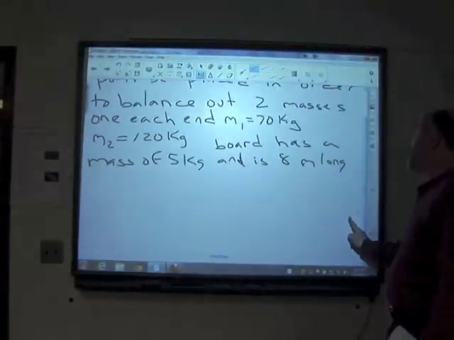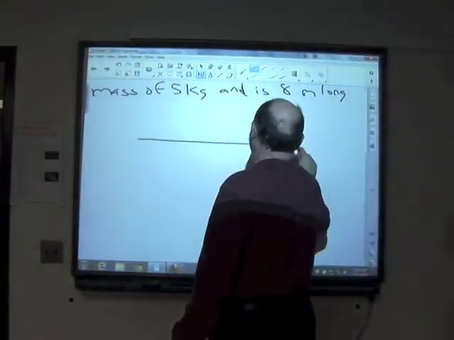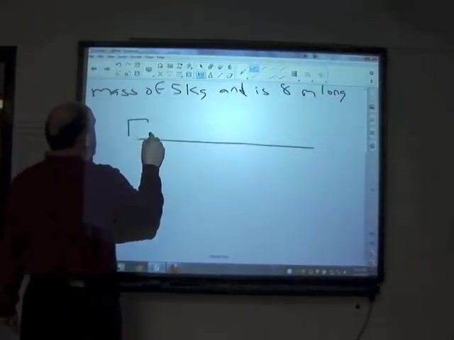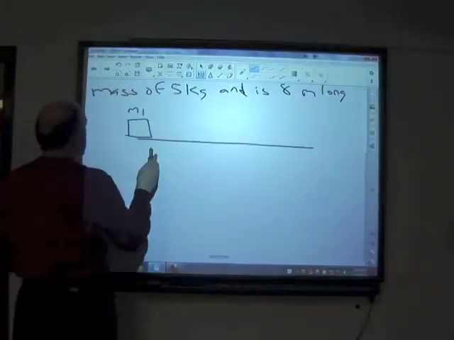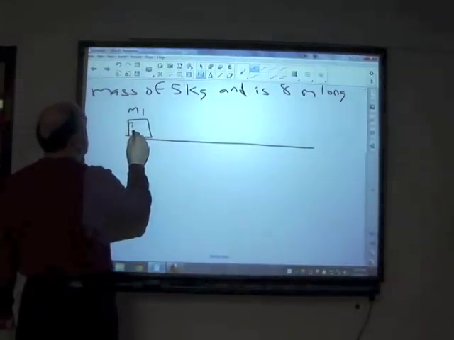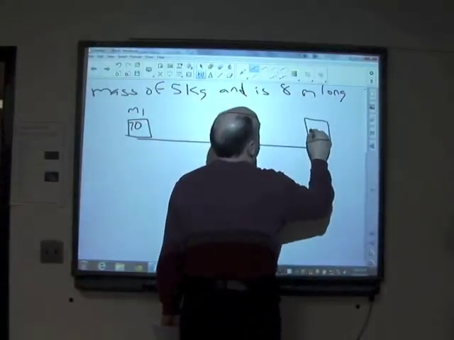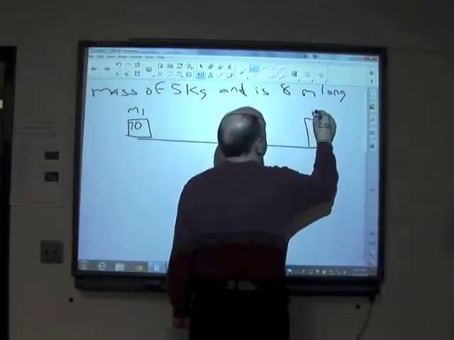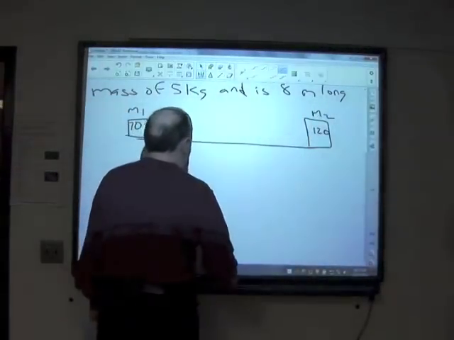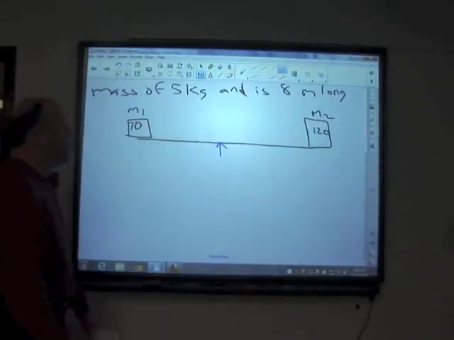So if we make a picture of what is going on here, basically we have our plank, we have our first mass, which we'll put here, so this will be m1, and this one we said was 70 kilograms, and then here we'll put mass 2, this one's 120 kilograms, and then somewhere there's going to be a pivot point for the system.